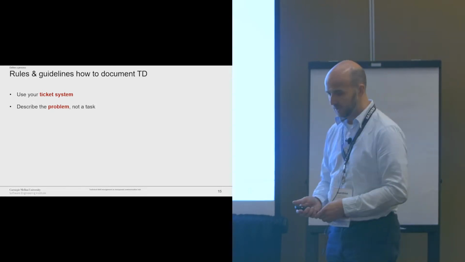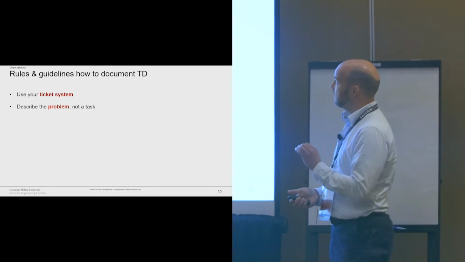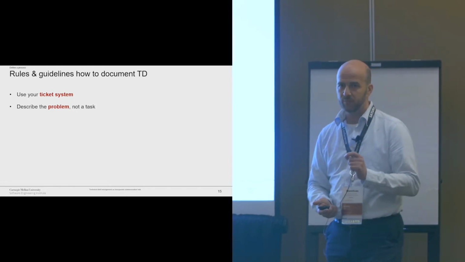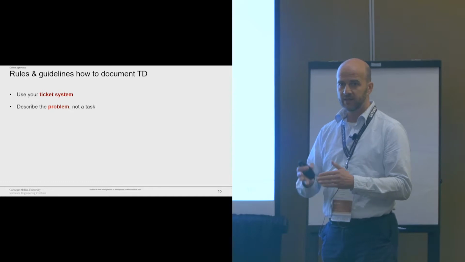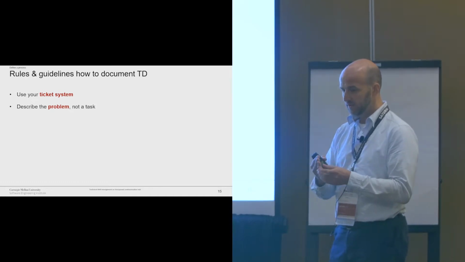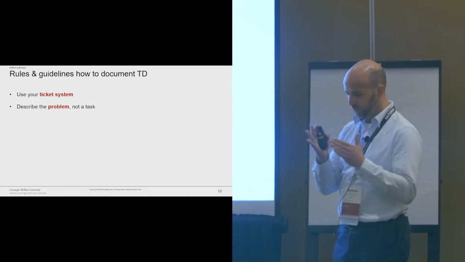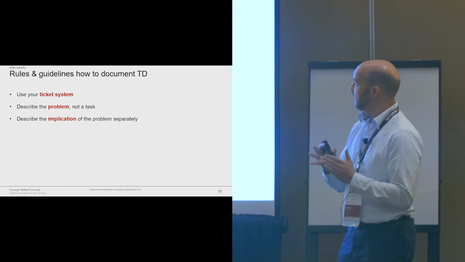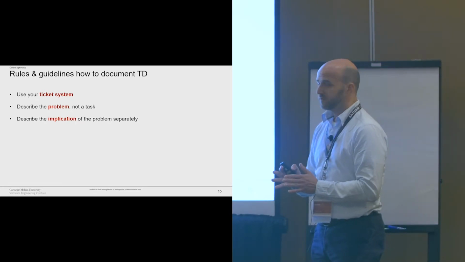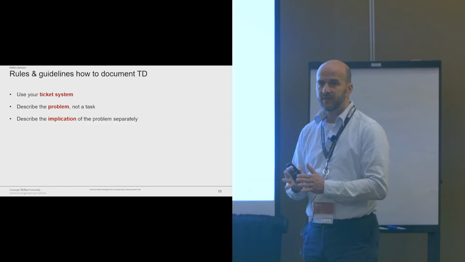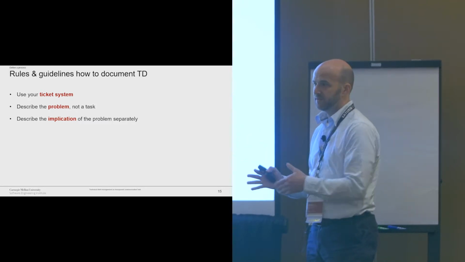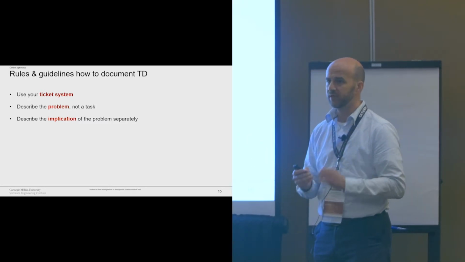That's why we stick to it: it's very important to describe the problem and not the task, to really distinguish between the problem on one side and the implication on the other side, and then a third thing, the solution proposal, to be really clear.